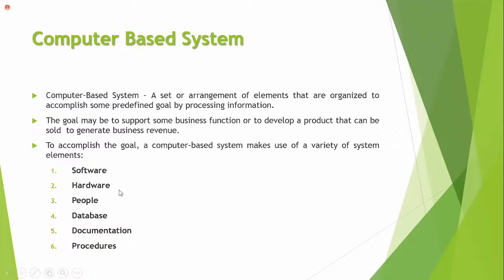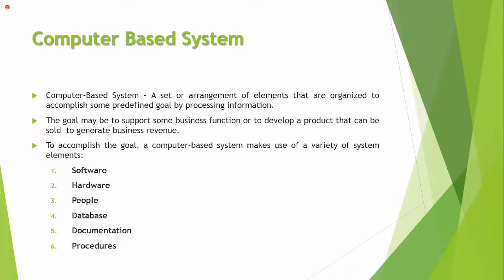Hardware means the equipment or accessories which are going to support that particular software. People means a user or a database administrator or a programmer, those persons ought to be there to do the process, to start up the process.